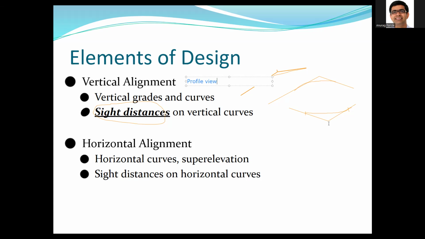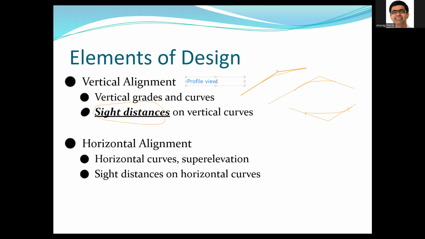But you have to remember, when I'm solving a vertical alignment problem, I'm drawing what I call the profile view. But when I'm solving a horizontal alignment problem, I'm looking at the top view. Okay, I'm looking at it from the top, and it's talking about the change of direction. And this is a very important distinction when we talk about the length of the curve and all of that. So I'll keep coming back to it.